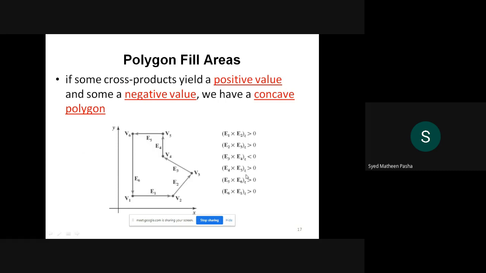If it has the same sign, I can tell it is a convex polygon. If it consists of both positive and negative values, I can tell it is a concave polygon. So this is identification algorithm 1 to calculate whether a polygon is convex or concave.